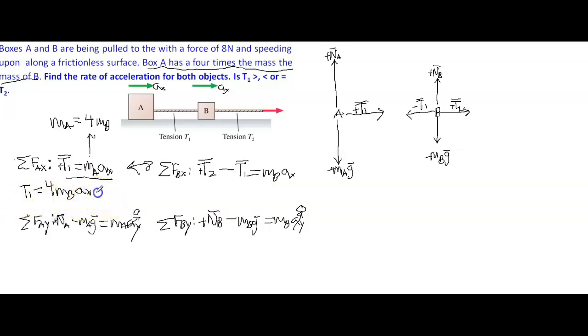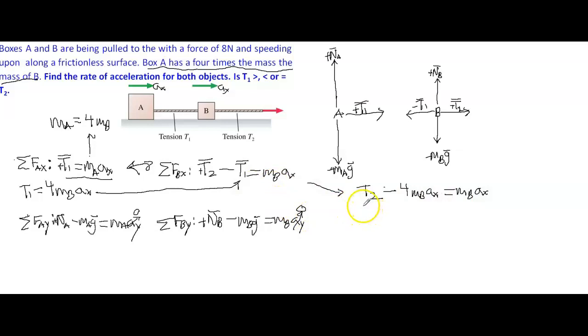And now you could see that this equation can be substituted into the sum of forces in the x direction on block B. When I do that, what I have is T2, and now that T1 is equal to 4 mass b times the acceleration in the x direction, I'm going to put that in, 4 mass b times the acceleration in the x direction, and that is equal to mass b times the acceleration in the x direction, right?